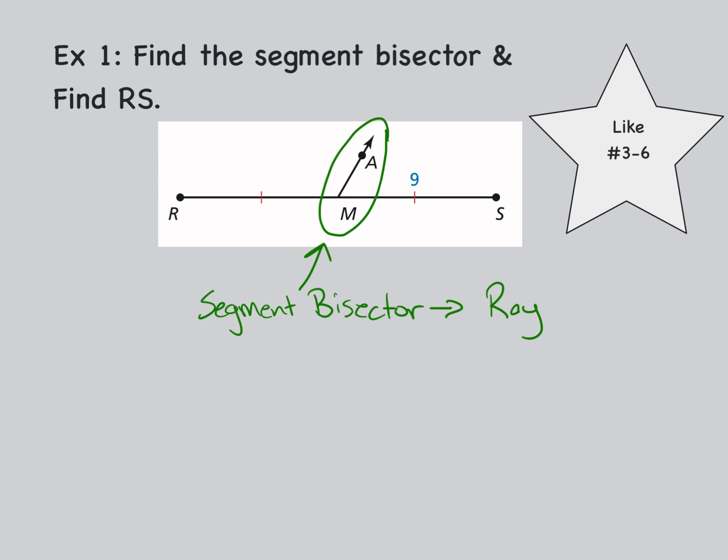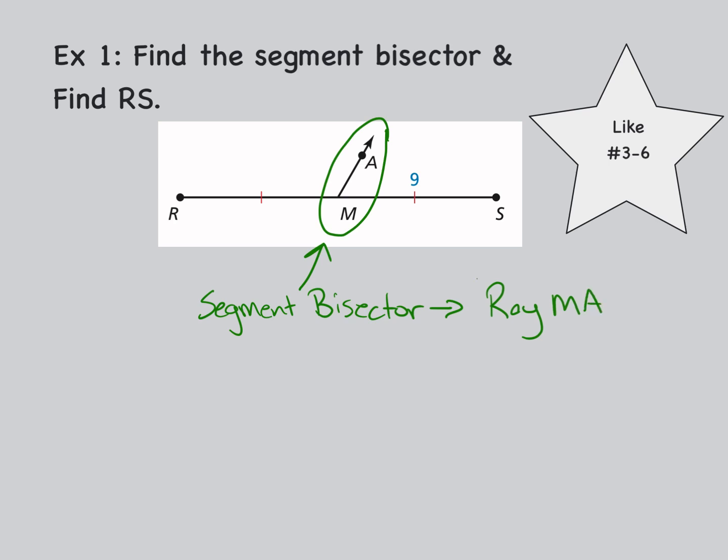Now, Angie, what point do I start with when I name the ray? Which one am I going to start with, M or A? Which one? Nope, well, we start with the end point. Which one's on the end? M. So you want to start with M, and then the second letter is going to be what?